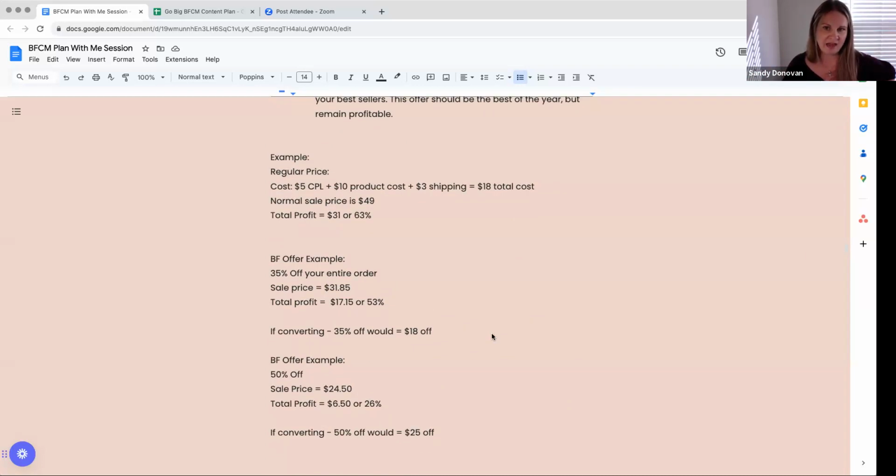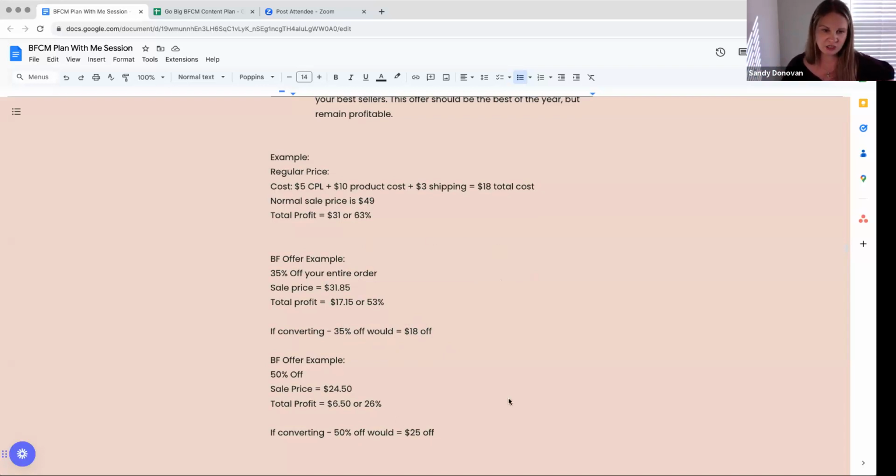Once you decide that, then I want you to look at either the price point, the normal everyday price point of your flagship offer. If it's above $100, and this is just a general rule of thumb, but if it's above $100, I want you to convert your percentage off to a standard dollar amount off. So say it was $100 and you're doing 35% off, then you would give them $35 off instead of percentage.